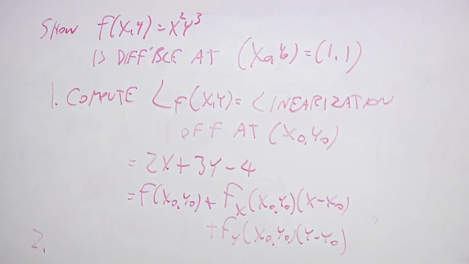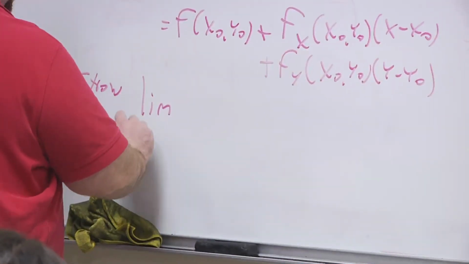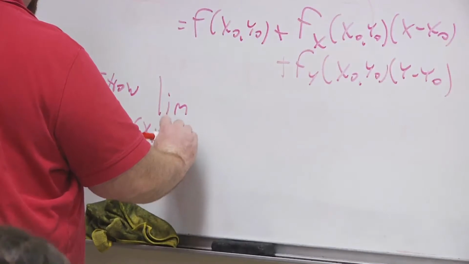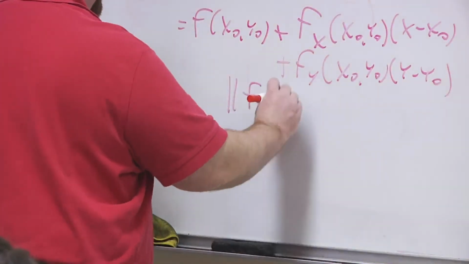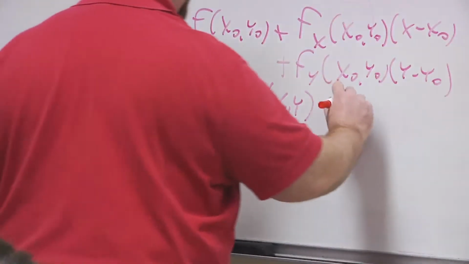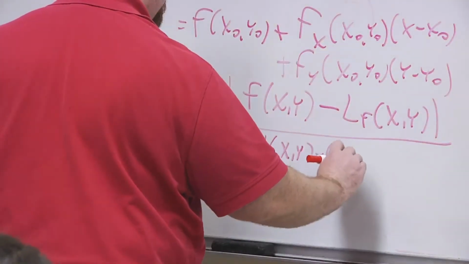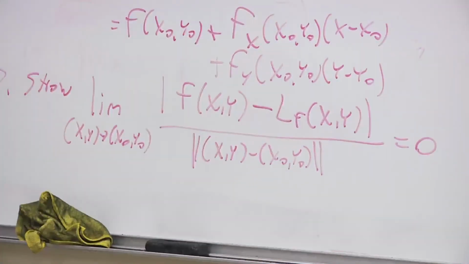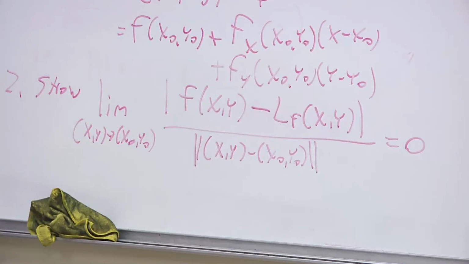Then, what you do is you show that the limit as x and y approach x naught, y naught of f of x, y minus the linearization over the distance between (x, y) and (x naught, y naught) is equal to 0. So it's a limit-finding problem where this definition comes into play.